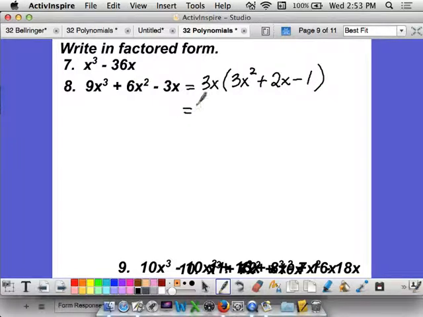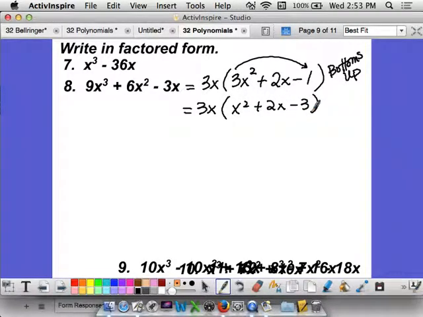Now I want to keep the 3x, and then I'm going to bottoms up this particular trinomial. I need to factor it. So I have 3 times 1, so x squared plus 2x minus 3. You're going to just bring down that 3x, it just sticks with it. Set up your two binomials, the signs will be different: x plus, x minus.